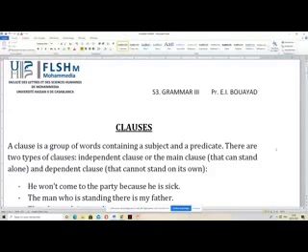These dependent clauses are referred to as subordinate. Normally, these dependent clauses are less important than the main clause.